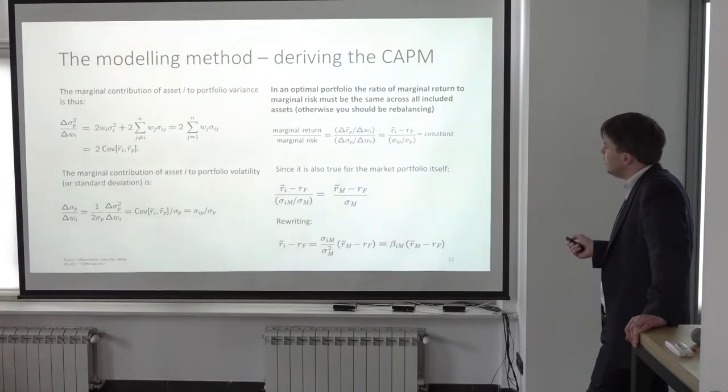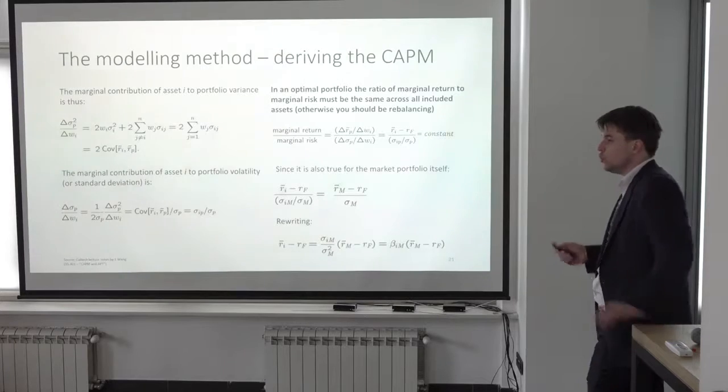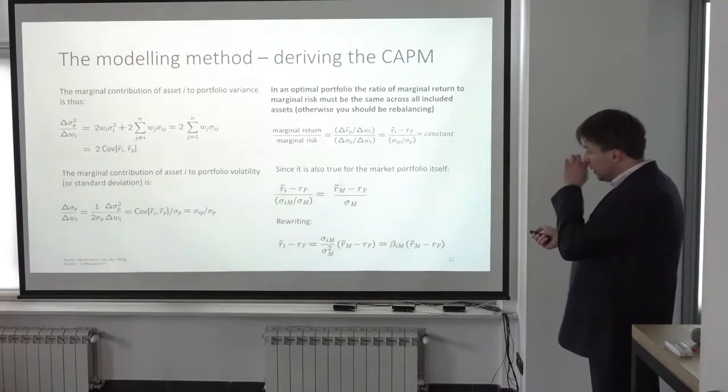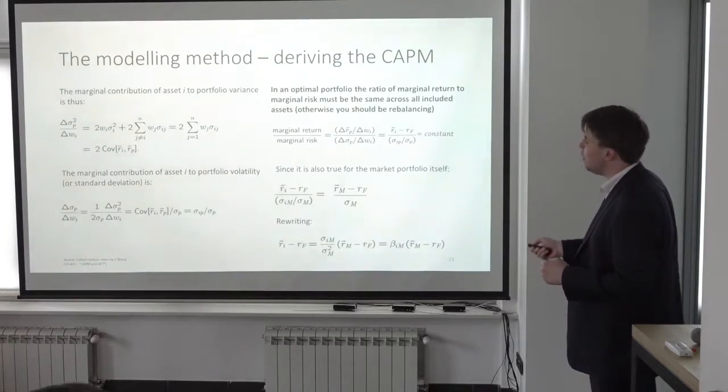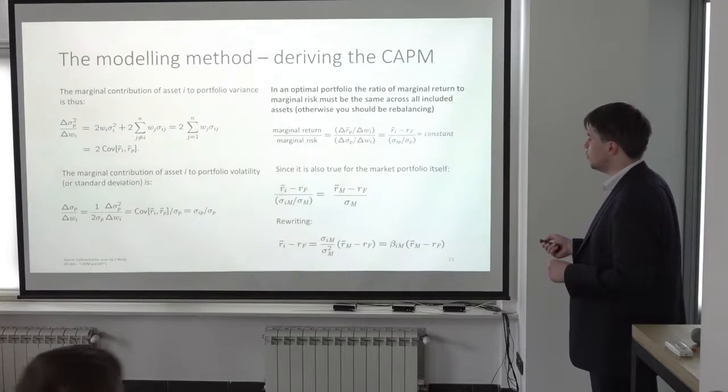Because if some of your assets have a higher marginal return to risk ratio than some other ones, then get rid of those assets in your portfolio where the marginal return to risk is lower, and replace them with assets where the marginal return to risk is higher. You will be reshuffling your portfolio to get the maximum possible marginal return to marginal risk ratio.